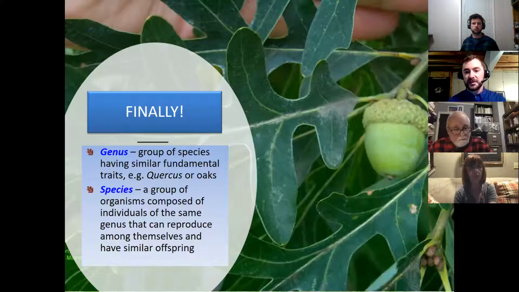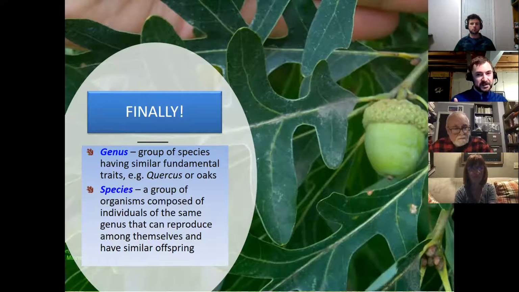Oaks are my favorite, so I always use oaks. But with oaks, you can always count on an acorn, and you can always count on lobed leaves of some sort. There's always an exception to the rule, but for the most part, you'll always have some sort of lobed leaf to go off of. And so that really can help you with identification.